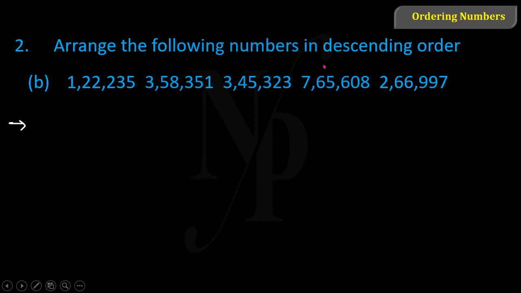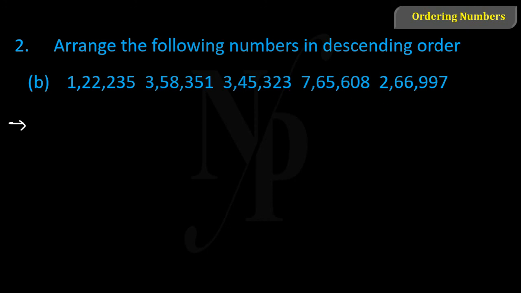So this number having 7 is the greatest among all the given numbers, because all are 6-digit numbers. In these numbers, at greatest place, that is lakhs place, we have 7 in this number. So this is the greatest of all the given numbers.